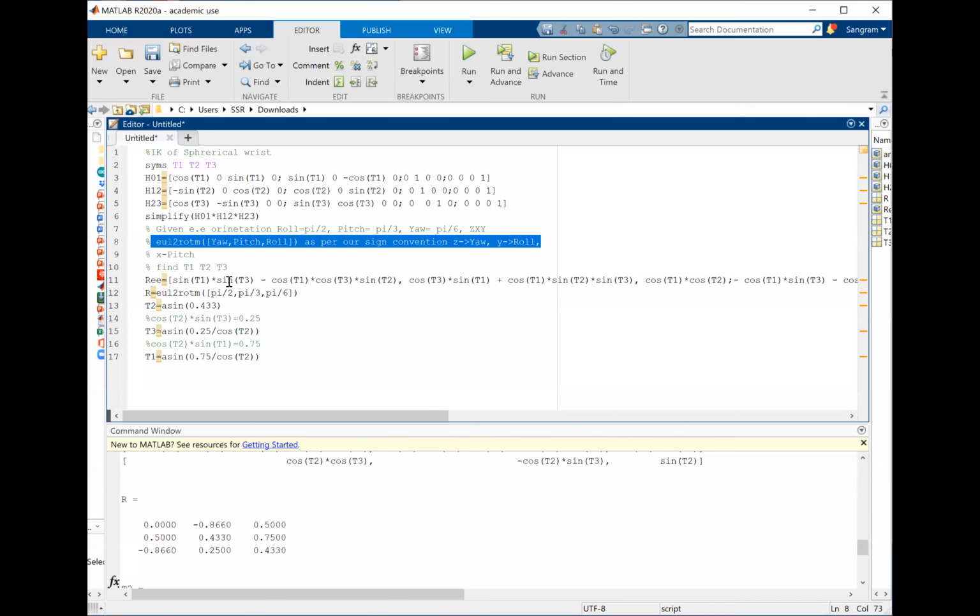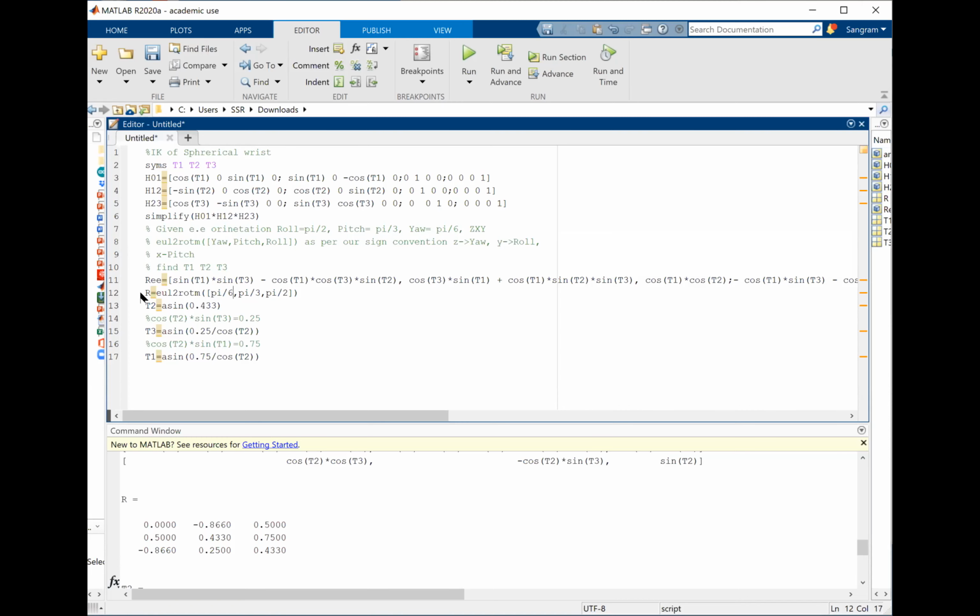I made a mistake here and I will go ahead and correct it. So my roll is pi by 2. Since my roll is pi by 2, this is gonna be like this. My pitch is pi by 3. And my yaw is pi by 6. So this is how it would look like.